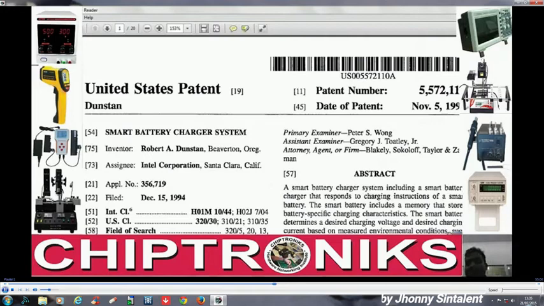Before going to explain the data sheet of charger IC, I would first like to refer to this United States patent document which is taken from Google about the smart battery charger system. One very important point I'd like to mention over here is a notebook battery is very much different than a normal battery.